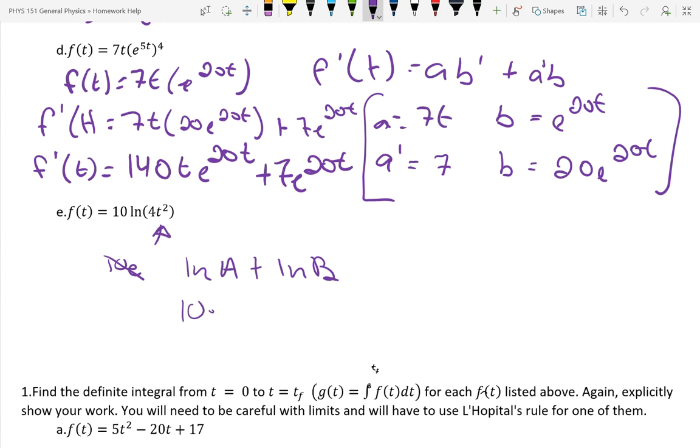That's natural log of 4, not just 4. It should be 10 times natural log of 4.